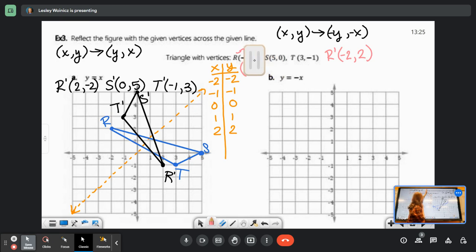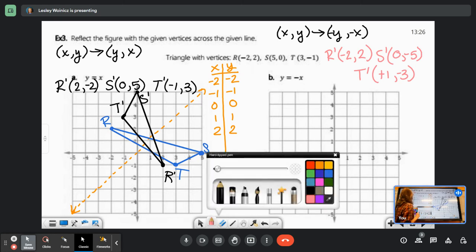Interesting. Okay, and then S prime, change their spots. So the 0 first, 5 second, make them both opposite. The opposite of 0 is 0, and then make that a -5. And then T prime, change their spots, change their signs, (1, -3).